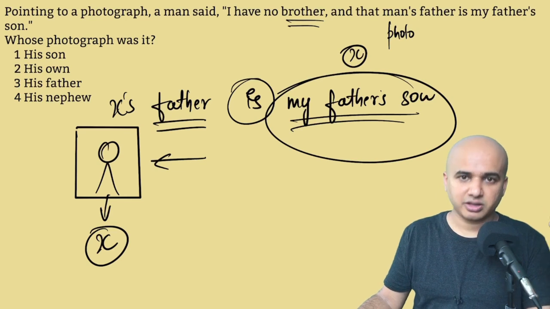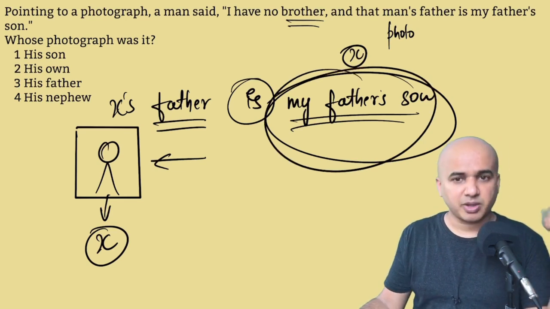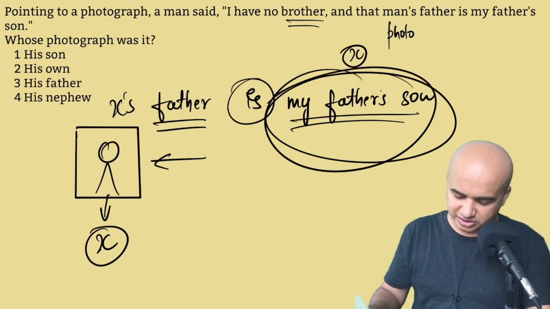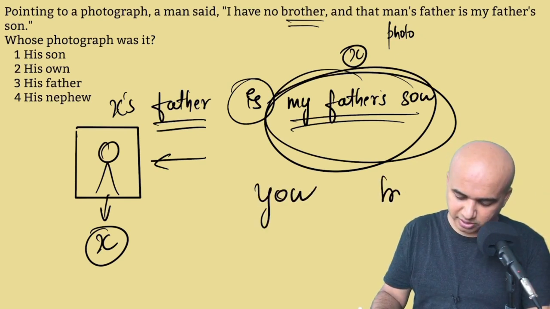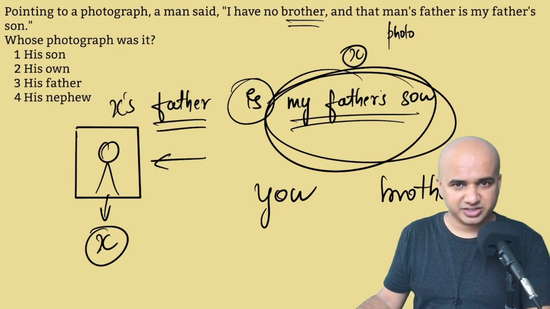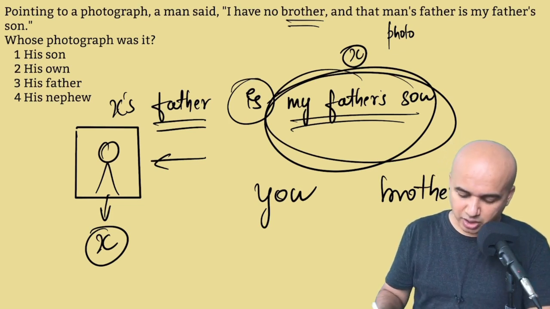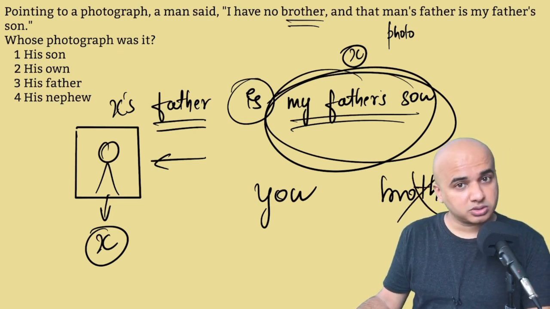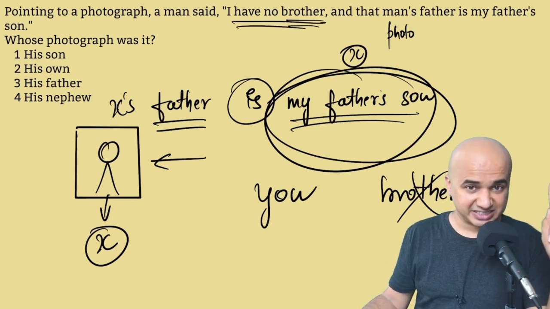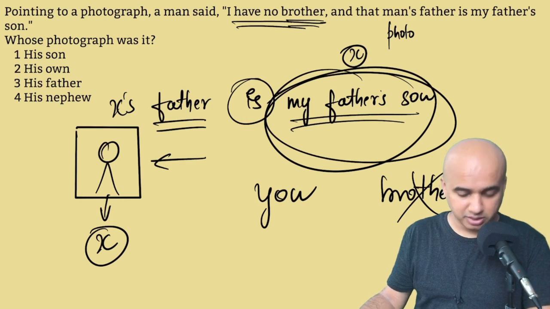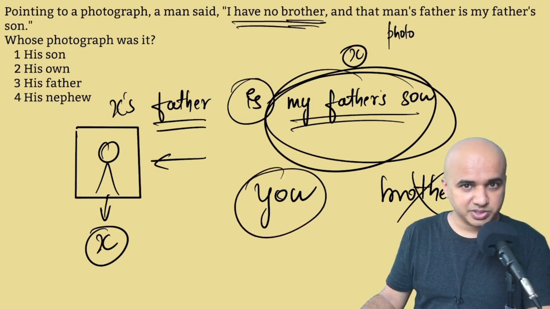Imagine you are making only this statement, my father's son. My father's son could mean two things: either it's you or your brother. Who else can it be? So now in this case, brother is ruled out. Why is it ruled out? Because in the first part of the sentence itself, he says, I have no brother. So obviously he is referring to himself.